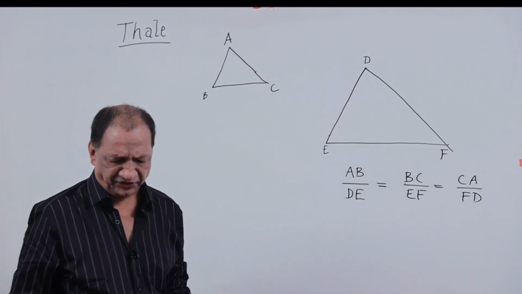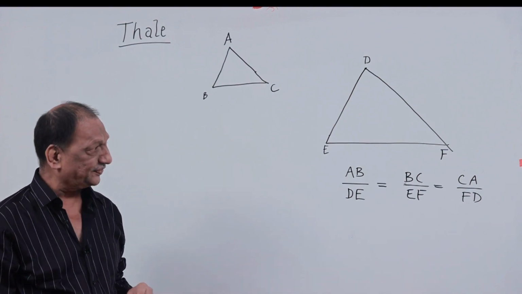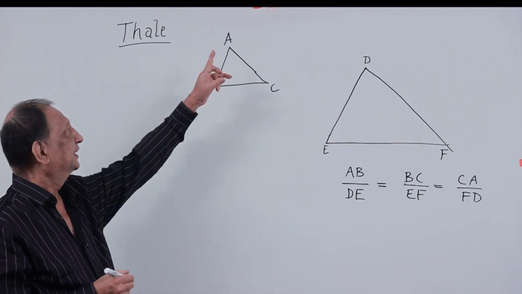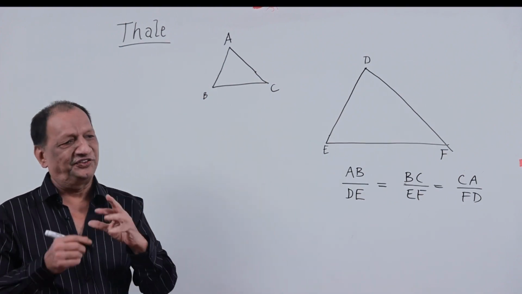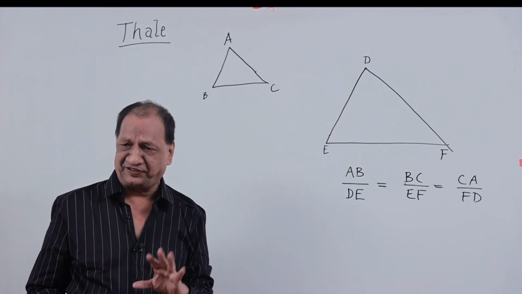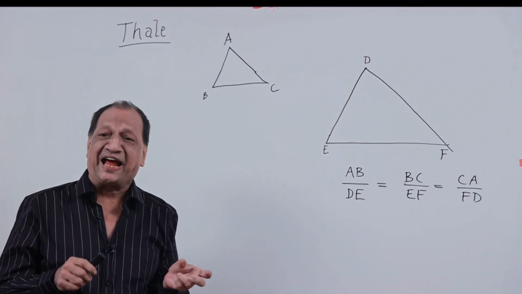I can write this very easily even without looking at the diagrams, because I have written the triangle name itself. I can call this ABC, I can call it ACB, I can call it CAB, in any order of the vertices, right? But I prefer to call it in the order in which the angles are equal.